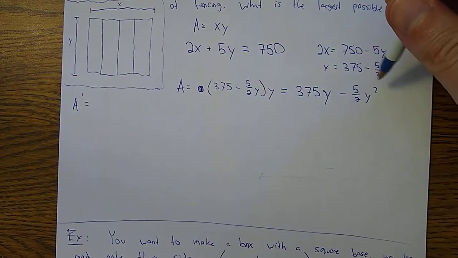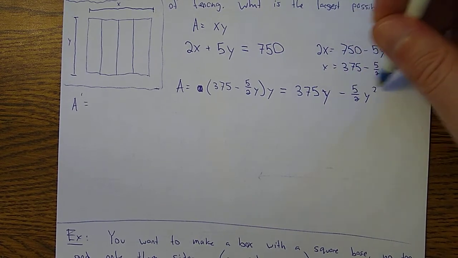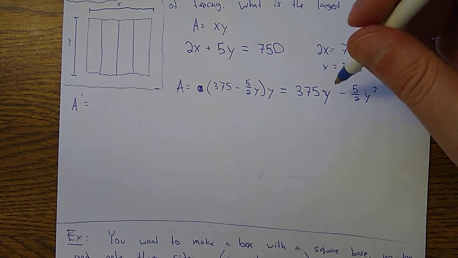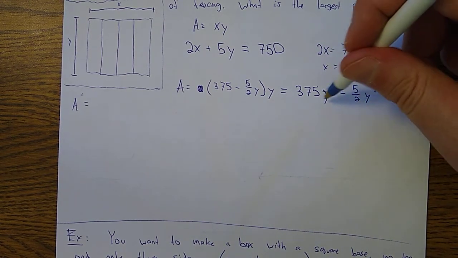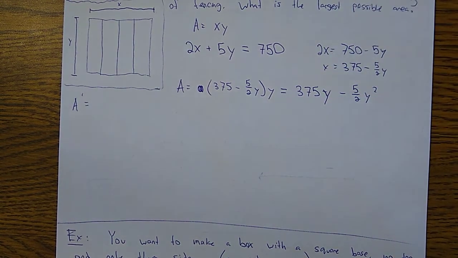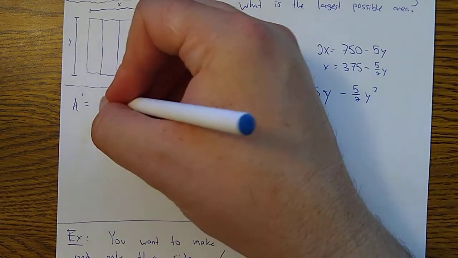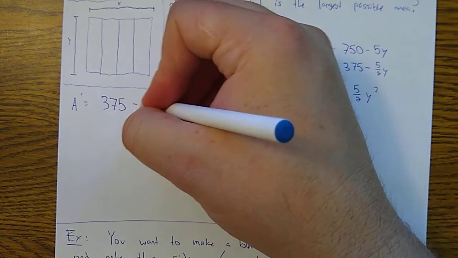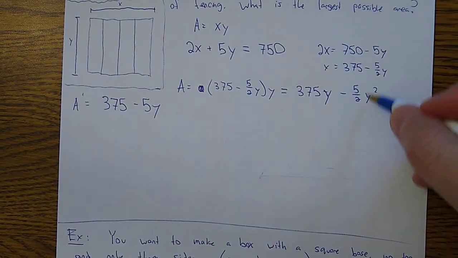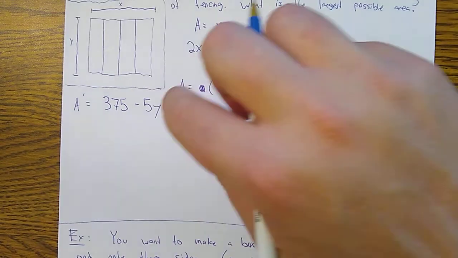So now I'm going to do the derivative, and I'm doing the derivative with respect to y. Now, y is my variable. So, you know, this isn't like implicit differentiation. When I do the derivative of y, it's just 1, because I'm doing the derivative with respect to y. So 375 minus 5y, because the derivative of this would be 2y, and then the 2's cancel, right?